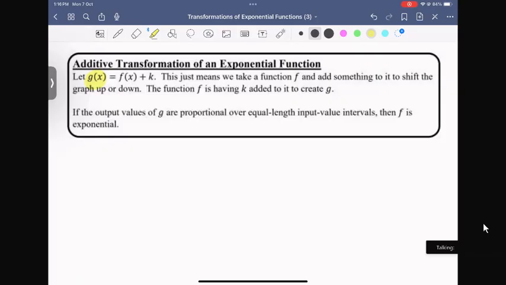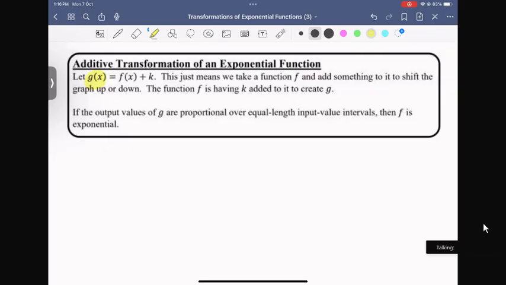You can't take any exponential function and add k to it and create a proportional one. f of x has to be of the form with minus k at the end in order for the two k's to cancel out and create this proportionality. But it is something that we're going to look for in the questions, that if g is proportional over equal length input intervals, then f was an exponential function.